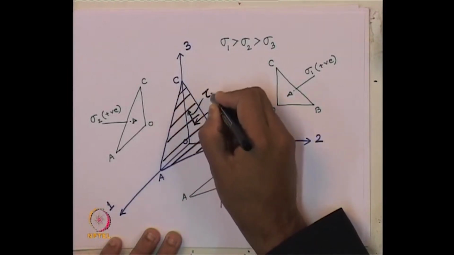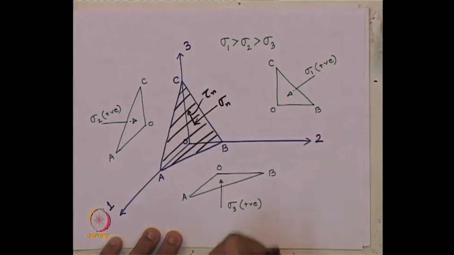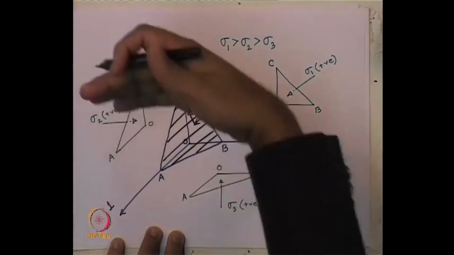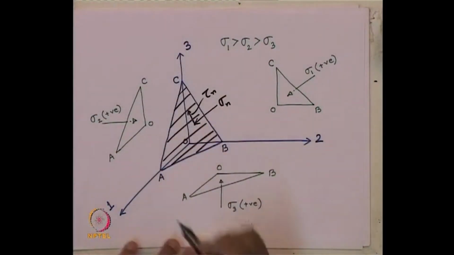Shear stress say tau n and normal stress say sigma n, where n is the nth plane. I am considering this inclined plane. So, on this inclined plane, we want to find out how much normal and shear stress are acting.